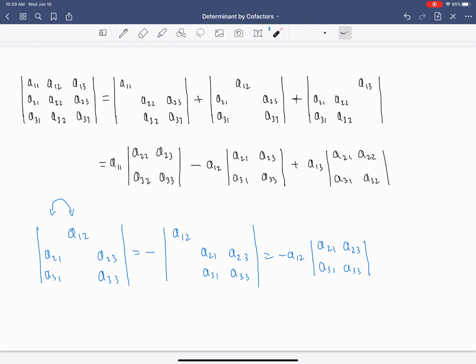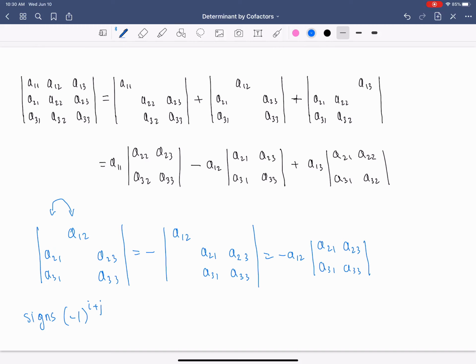Now, you don't have to play these tricks to figure out the signs. The way to remember it is that you always look at the matrix, and the signs, if you like, are -1 to the power of i plus j, where i and j indicate the row and column of the number.